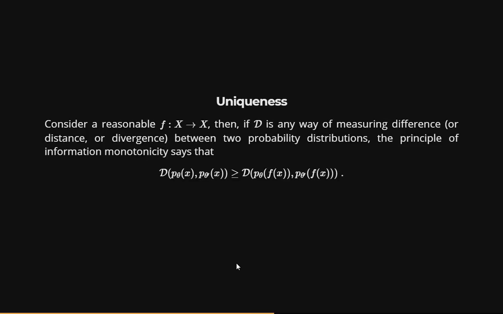Now, actually, take a reasonable f on your space where you have your probability distributions. If D is any way to measure the difference, distance, divergence, whatever you want to call it, between probability distributions, then it should abide by the principle of information monotonicity.